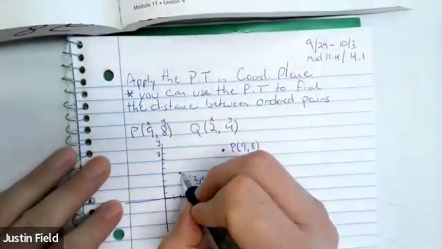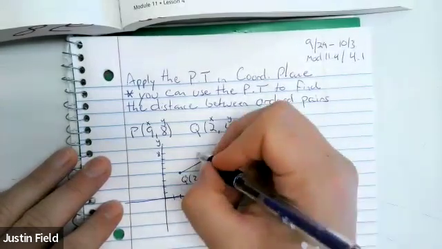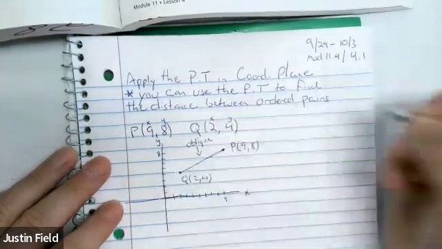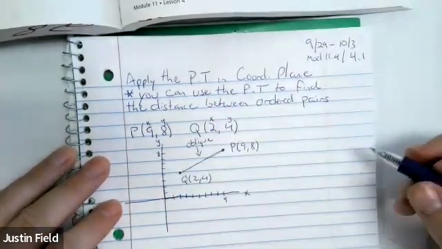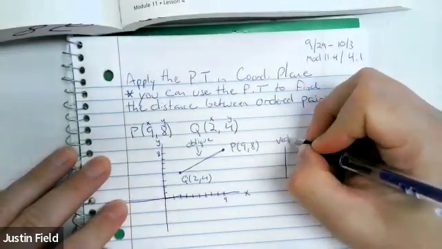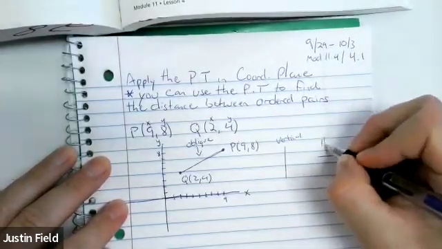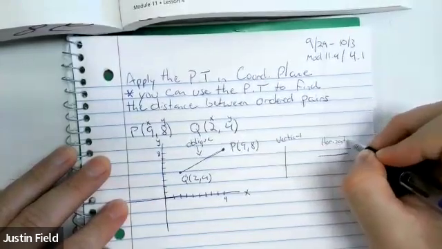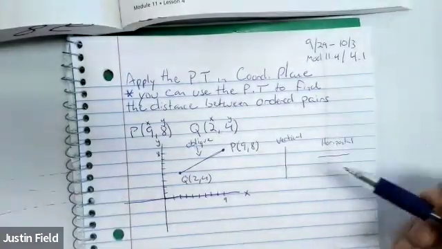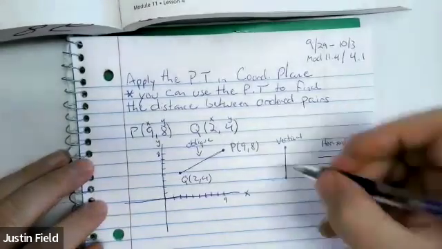Okay, so our segment is oblique. This is called oblique. Oblique is as opposed to vertical, which is like this, up and down, or horizontal. So we have oblique, vertical, horizontal. If we had a vertical segment, then how could we find the length of that?